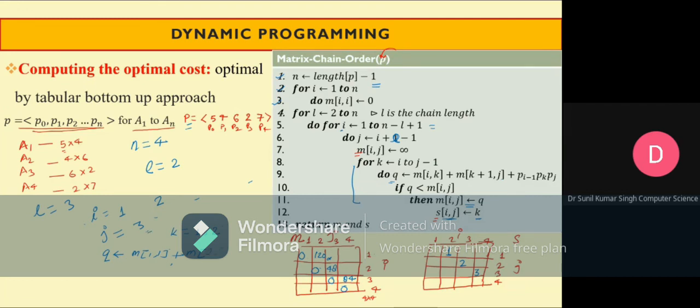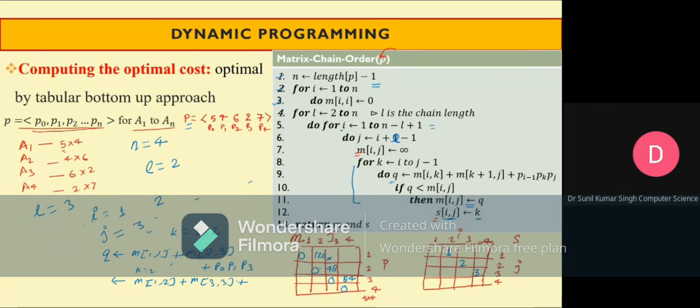So M2,3 and plus, here you have to write I is 1, so P i minus 1, that is P0, and K is 1, that is PK, P1, and P3 is there, so it will become P3. And now for K is equal to 2, it will be M1,2 plus M, because here K is equal to 2, M3,3.